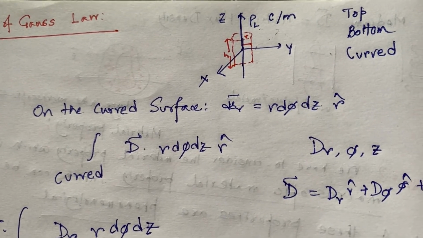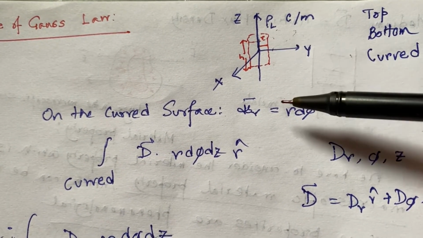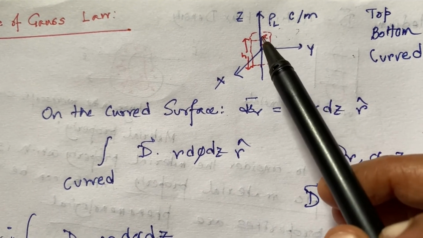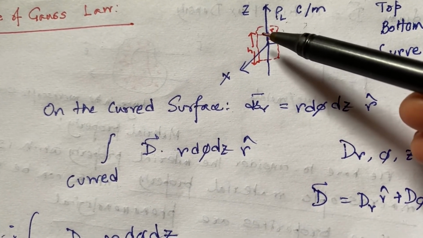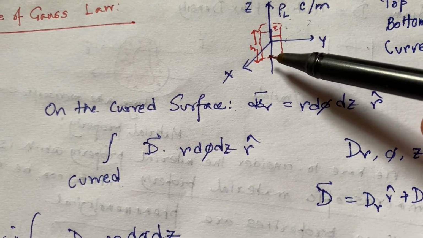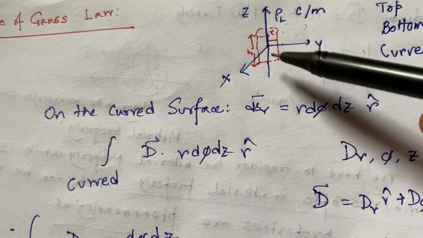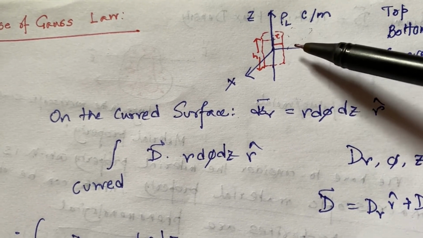We will apply the Gaussian law. Suppose this is my closed surface, which is in the form of a cylinder. This cylinder has a constant radius r, and suppose the distance between the top surface and the bottom surface is h. This cylinder has 3 surfaces: top, bottom, and the curved surface.